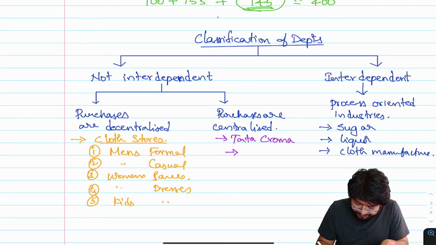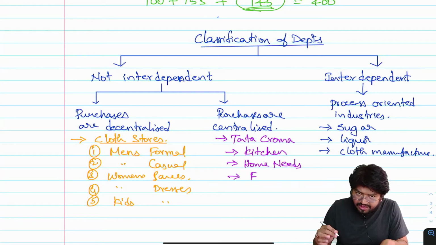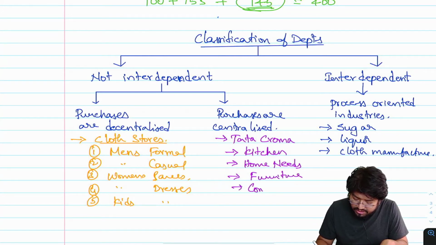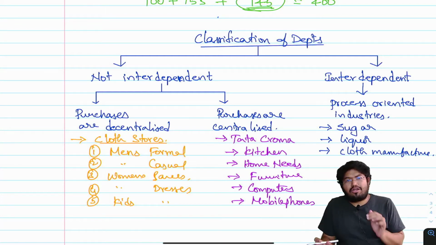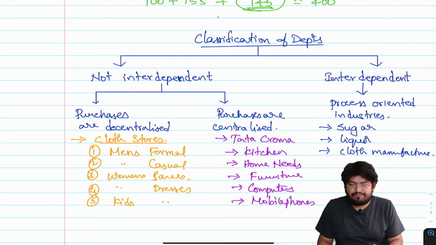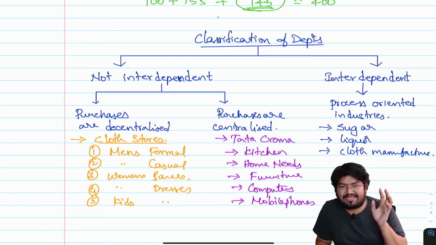They have kitchen appliances, or they have home appliances, home needs. They would have furniture or furniture usables. They have computers. They have mobile phones. Okay, like this they have a list of things which can be bought there. Now, when you see all of this, the question that comes is, how can someone purchase all of this in a single place?